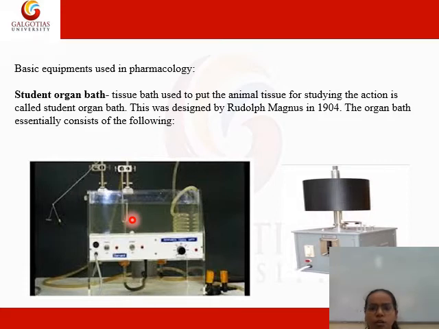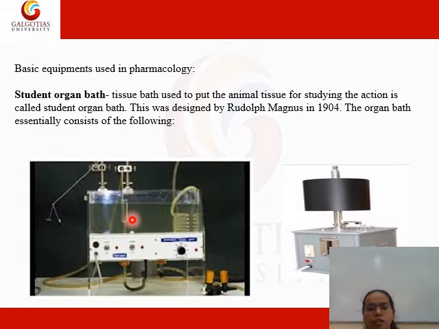A small bath made of glass tubing, with a capacity of 1 to 10 ml, is used when small material is used for assay. The micro bath, also designed by Gaddum, is used only for special purposes and has a capacity of 5 ml.